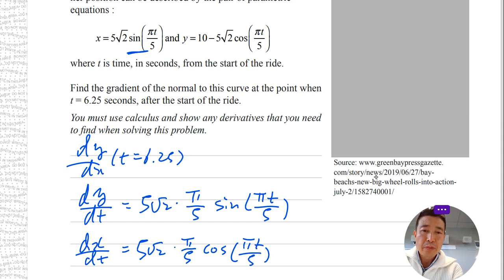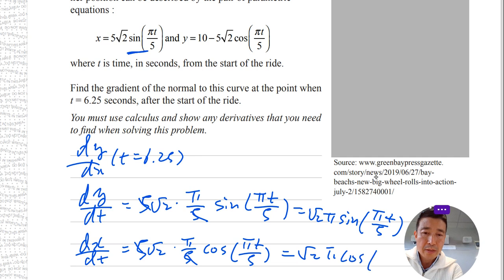I'm going to simplify both now. The upper one, 5 and 5 are gone, so I've got square root of 2 pi sine pi t over 5. For this one here, 5 and 5 are gone: square root of 2 pi cosine pi t over 5.